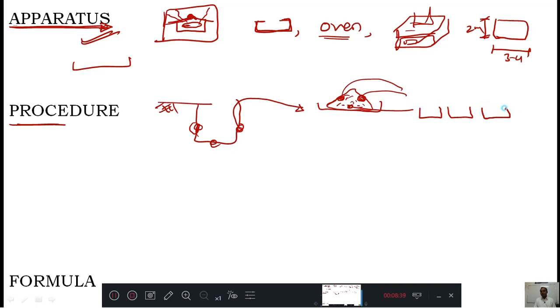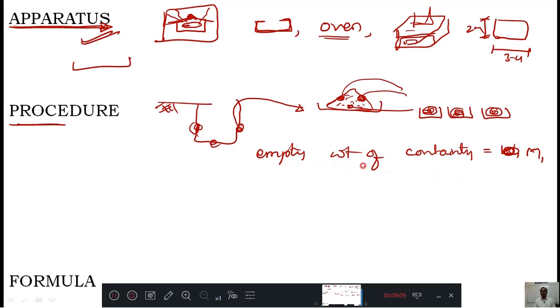Now you put that small quantity of soil in each container. Before putting the soil, you take the empty weight of the container. I can read this as W1, but usually we consider mass only, therefore I will consider M1.